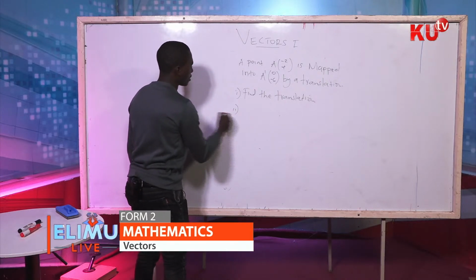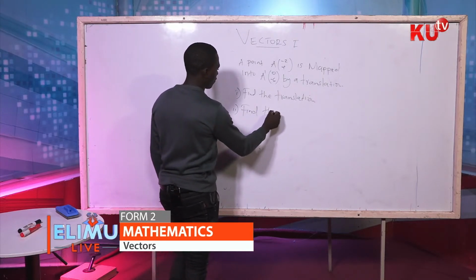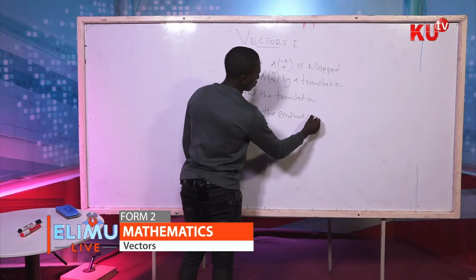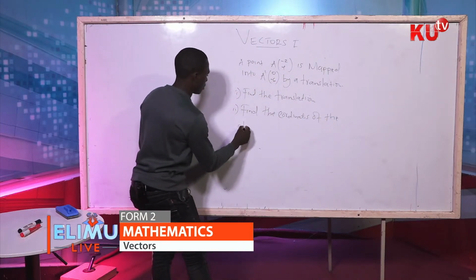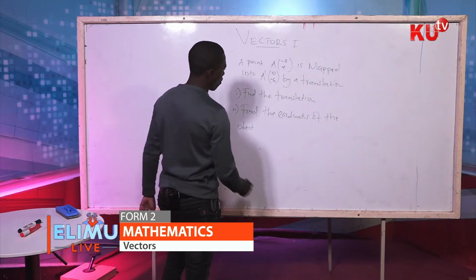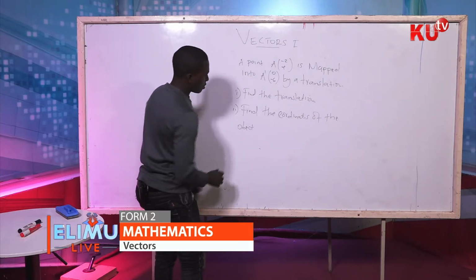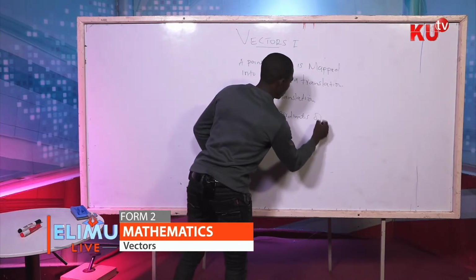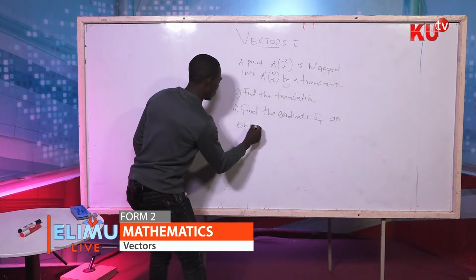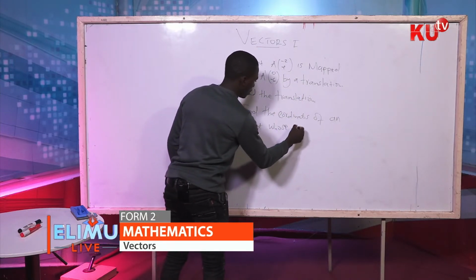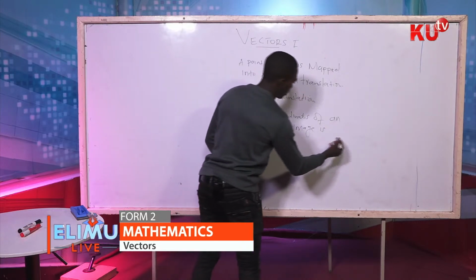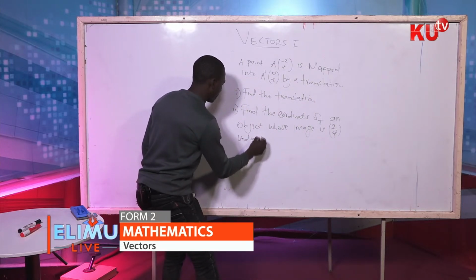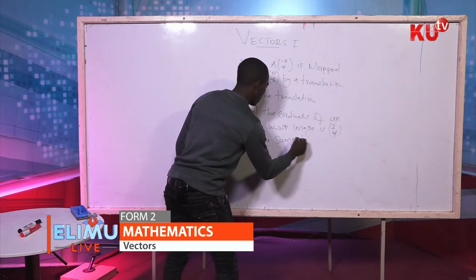And then the second, Roman 2: find the coordinates of an object whose image is, let's say, (2, 4) under the same translation.